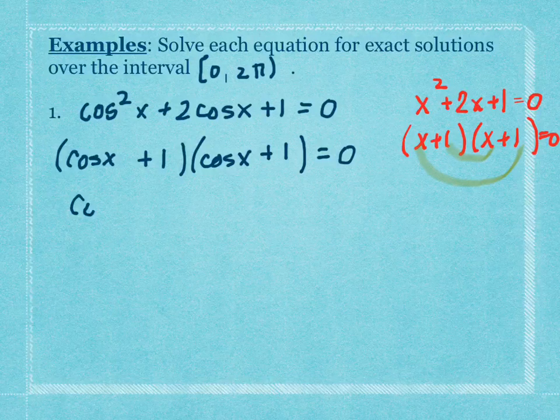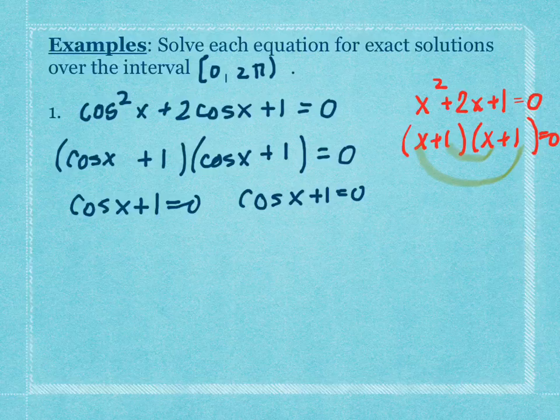So in essence, what you typically do is set each factor equal to 0, but it's kind of overkill because they are each the same. I don't really need to solve them both. They solve the same way. So I'm just going to pick this one right here at the beginning. What do I do to solve cosine of x plus 1 equals 0? Subtract 1.